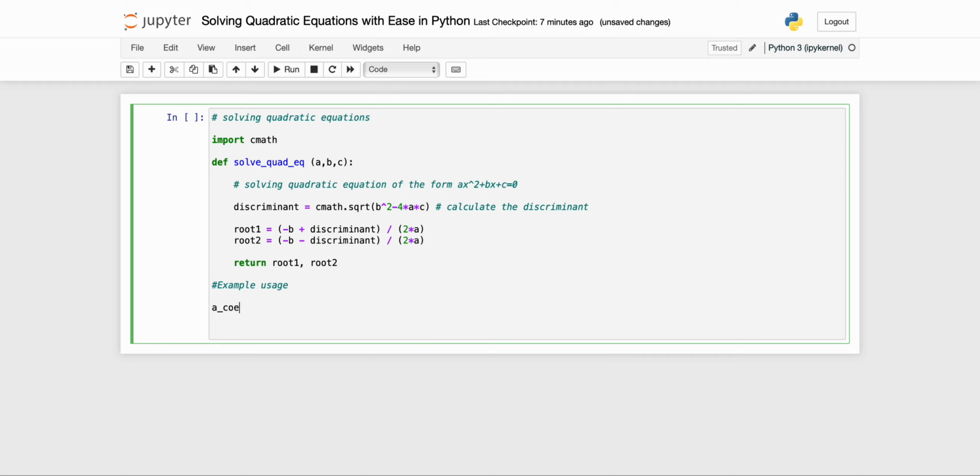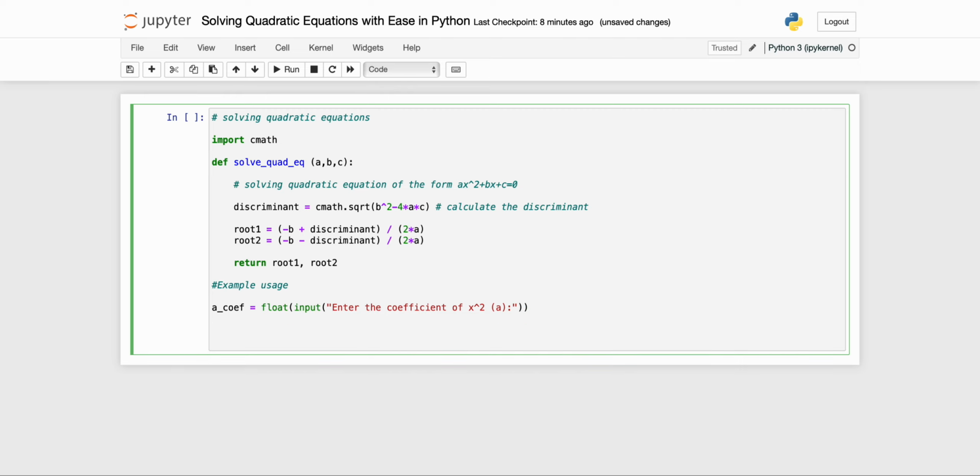I'll call the first one a_coef, a float input: enter the coefficient of x squared, which is a. Then I'll copy that for b, the coefficient of x.